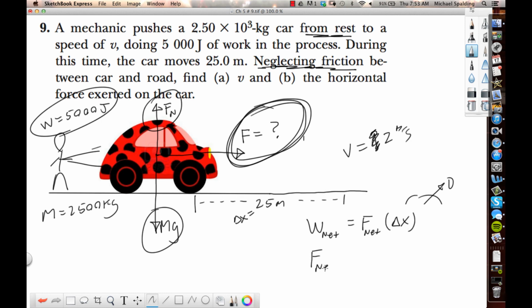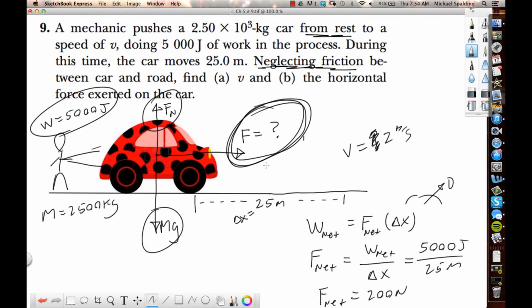So what's the net force going to be equal to? Work net over displacement. What's the work net? 5,000. The displacement is 25 meters. So this gives us a net force of 200 newtons.